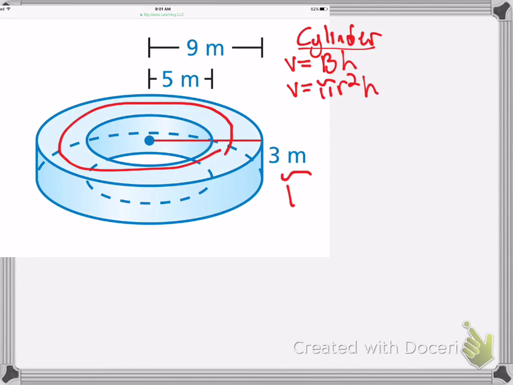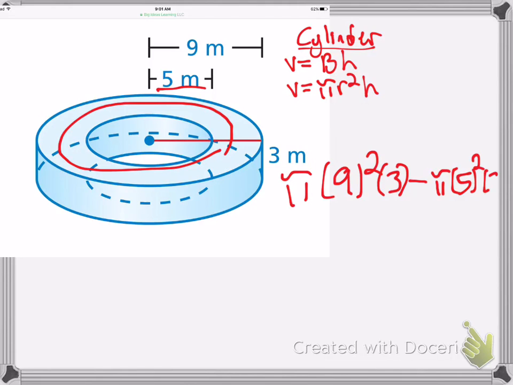So we got pi 9 squared times the height of 3 minus pi, and then there's our radius for the inner part, 5 squared times 3.